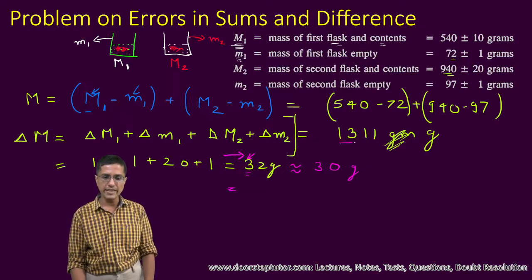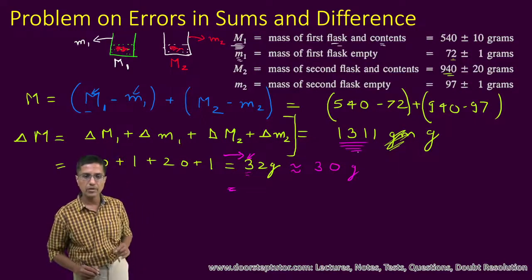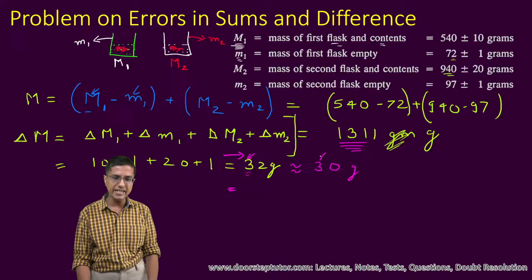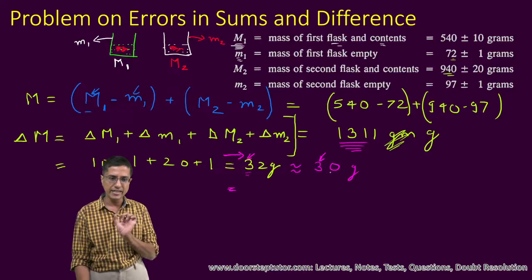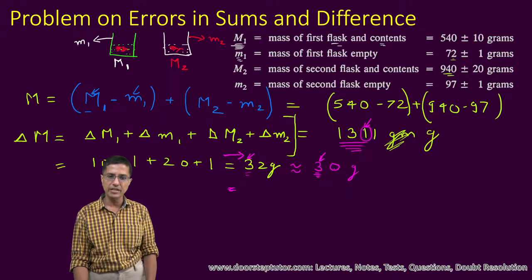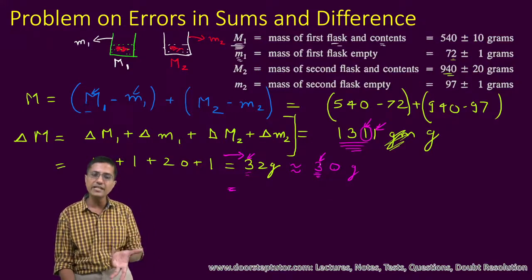Now in the case of our main quantity, since in the error our significant figure appears in the tens location, I can only say something about this tens location. I cannot say anything about the units location. My error is already there in the tens location.